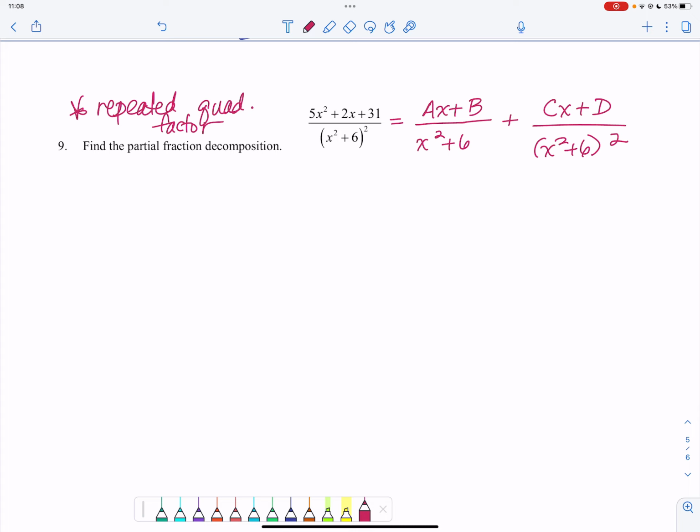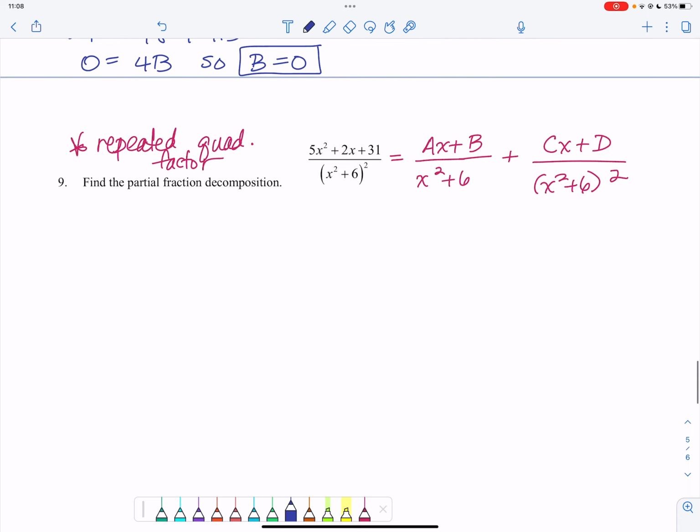Okay, so there are other ways to solve. So I'm going to show you another way. And you could still solve it the other way.